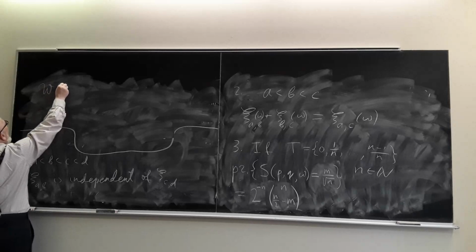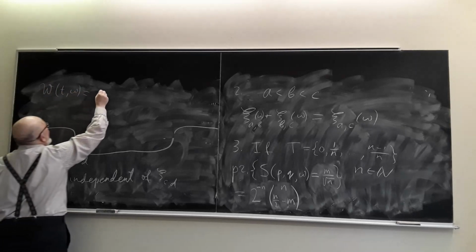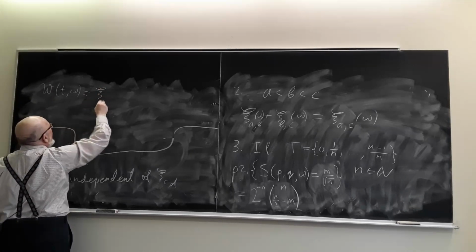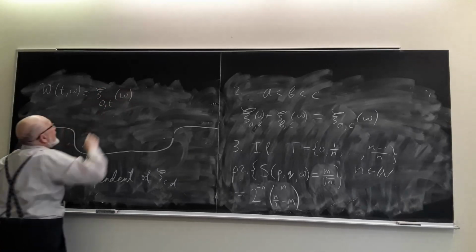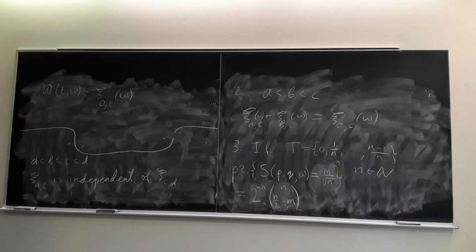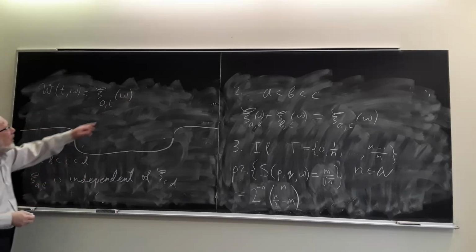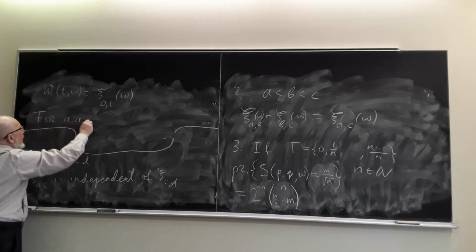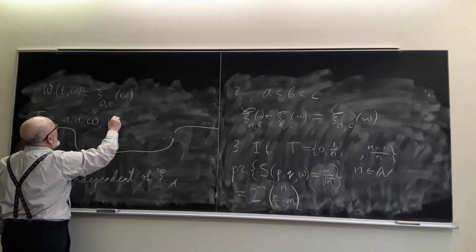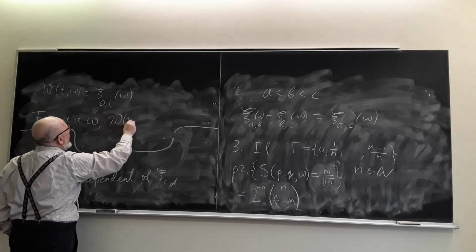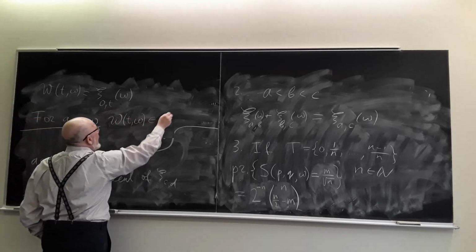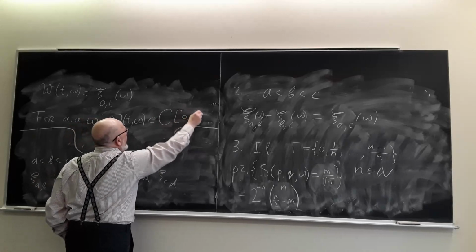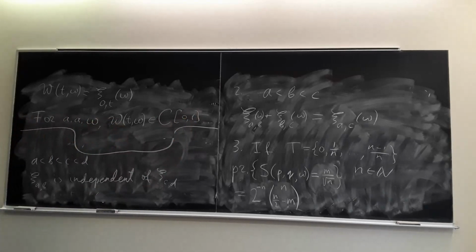W of t, omega equals psi_0t of omega. And we have to prove that for almost all omega, W of t, omega is a continuous function.